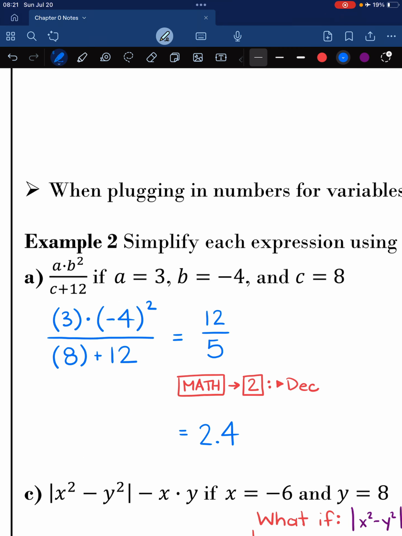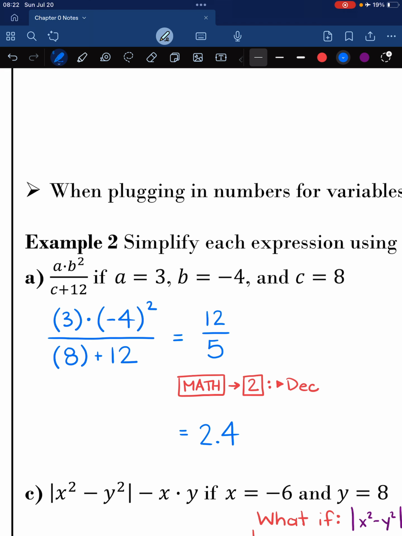Okay, so you can see in example A, we have this expression. We are plugging in 3 for A, -4 for B, 8 for C. I use parentheses for all of them, and that's never going to lead me astray. So if we glance down here, like these parentheses, not really necessary, but they're not going to hurt, right?